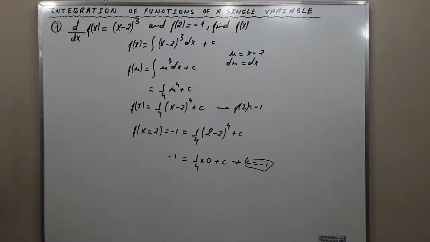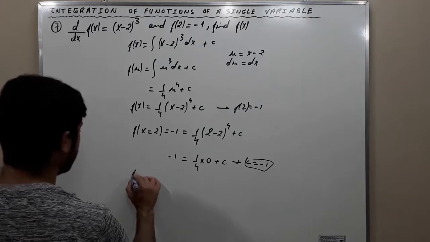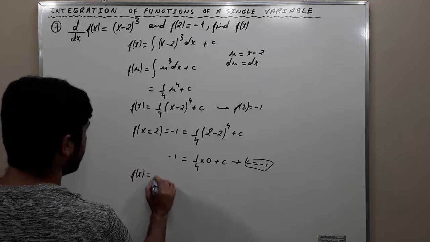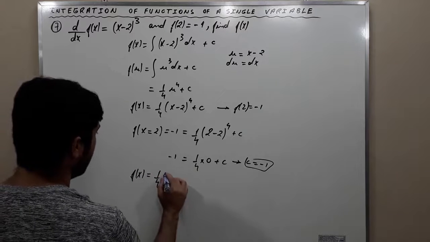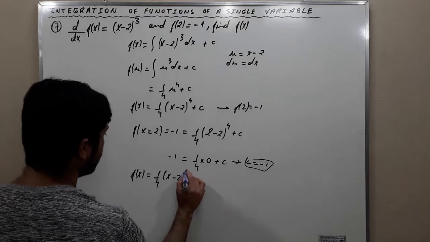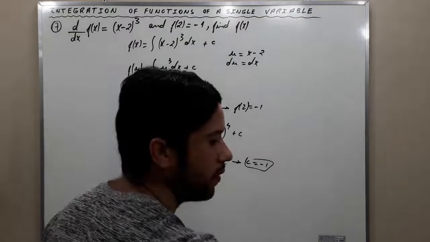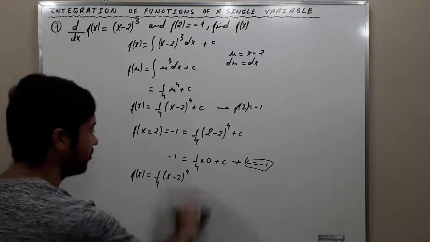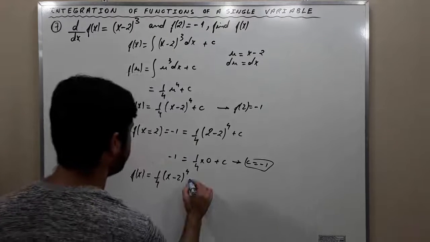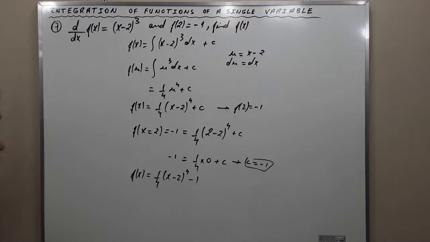Then we know that the function is equal to a fourth of x minus 2 to the fourth plus negative 1. So it's minus 1. Okay? This is the final result of question 7.